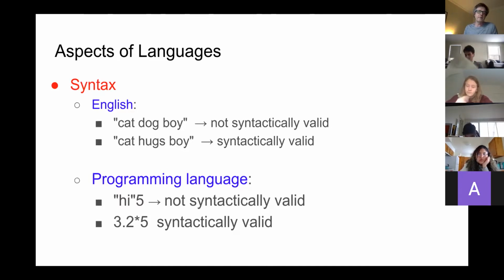And what we're saying is that the hugs verb is being done by the subject to the object, right? That's the way hugs worked, right? So the syntax of English generally is we have things like a noun, a verb, and another noun. Sometimes we have just a noun and a verb.